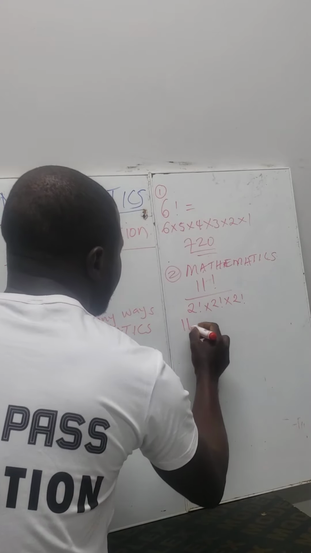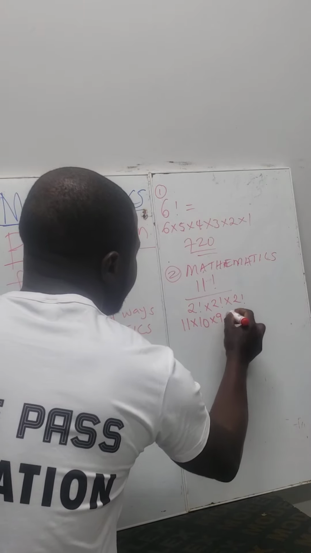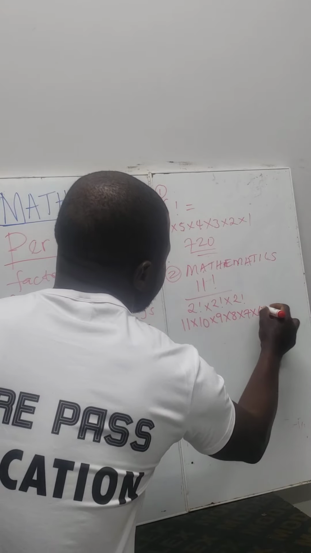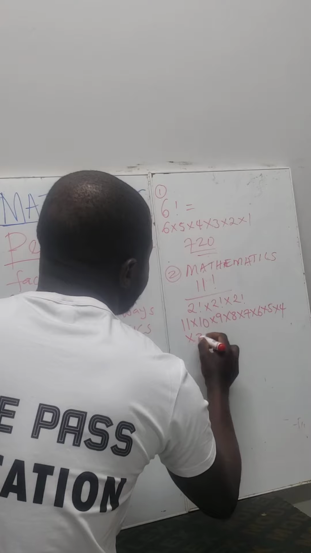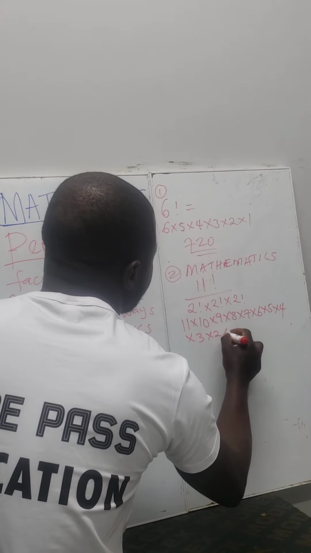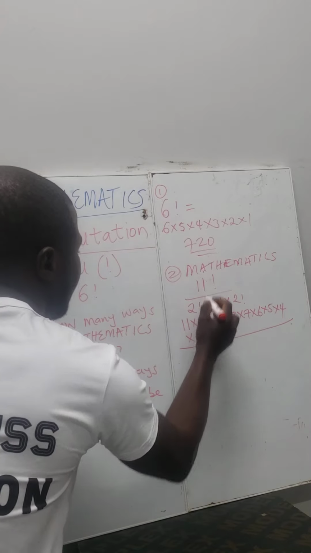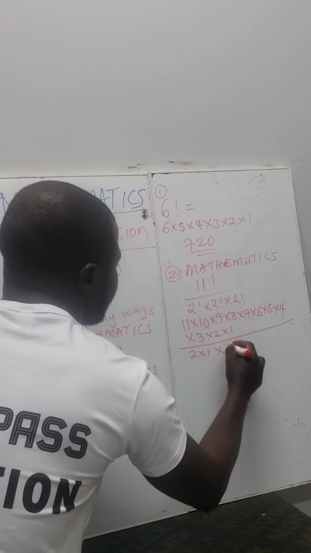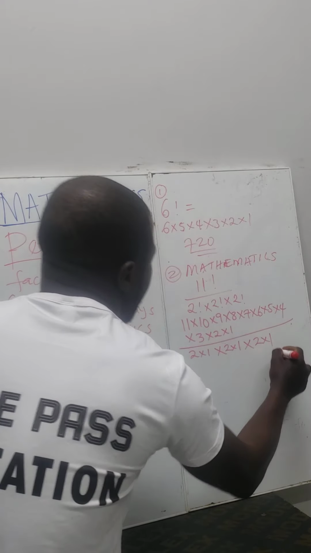We have 11 factorial, which simply means 11 times 10 times 9 times 8 times 7 times 6 times 5 times 4 times 3 times 2 times 1. Everything divided by 2 factorial, which is 2 times 1, times another 2 factorial, 2 times 1, times another 2 factorial, 2 times 1.